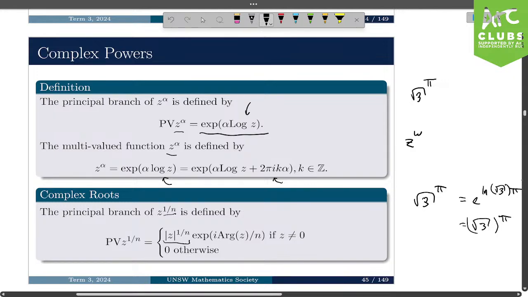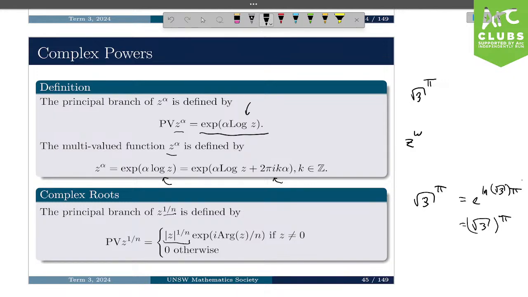This is going to be a real number raised to a real exponent, so this is unambiguously defined, times e raised to the i arg z over n, right? And obviously, if you want a different branch of this value, then you use a different branch of the arg here. This could be arg theta.